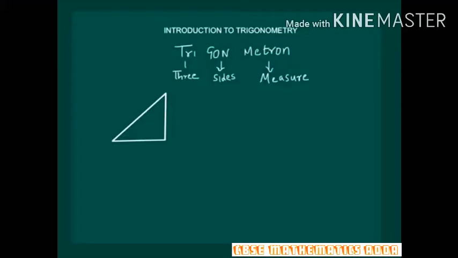So here we take the right angle triangle, that means trigonometry here is the measurement of the three sides and the angles. That is called simply trigonometry. In mathematical language we can write: trigonometry is the study of the relationship between the sides and the angles of a triangle.